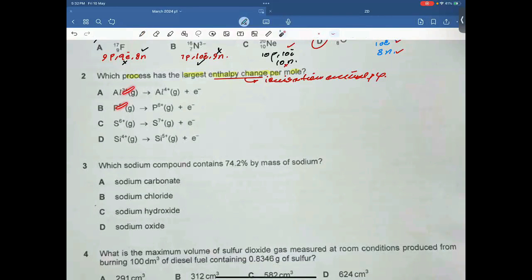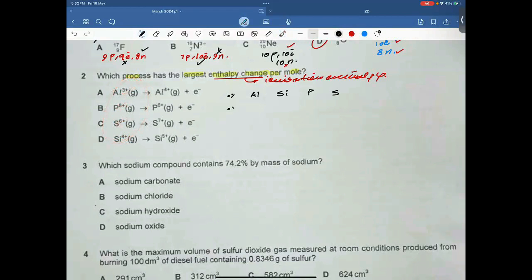Now, aluminum, phosphorus, silicon, and sulfur. First of all, these elements belong to the same period of the periodic table. So first of all, we have aluminum, then silicon, then phosphorus, and then sulfur. So this is basically the period trend.